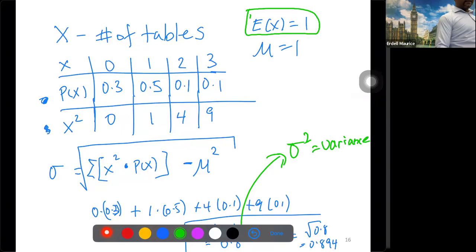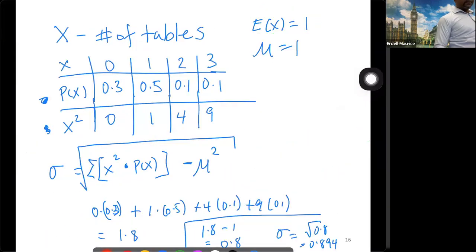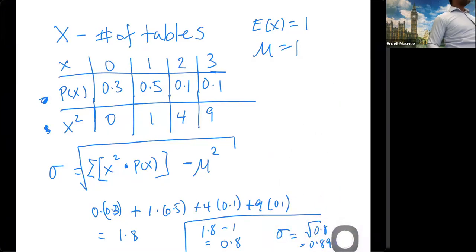And once you have the variance, you just take the square root, and that gives us our standard deviation. Our standard deviation is 0.894.